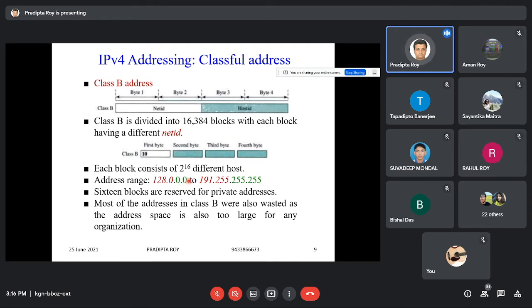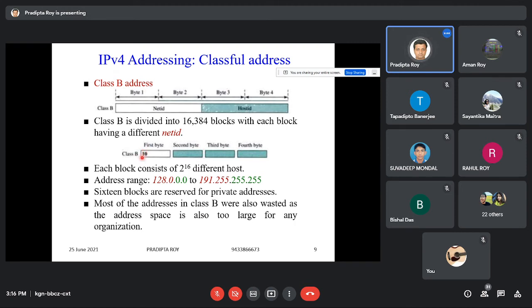Now, what should be the highest address of class B? The highest address can be found by putting value 1 in all these 30 locations, because the first 2 locations have fixed value 10.